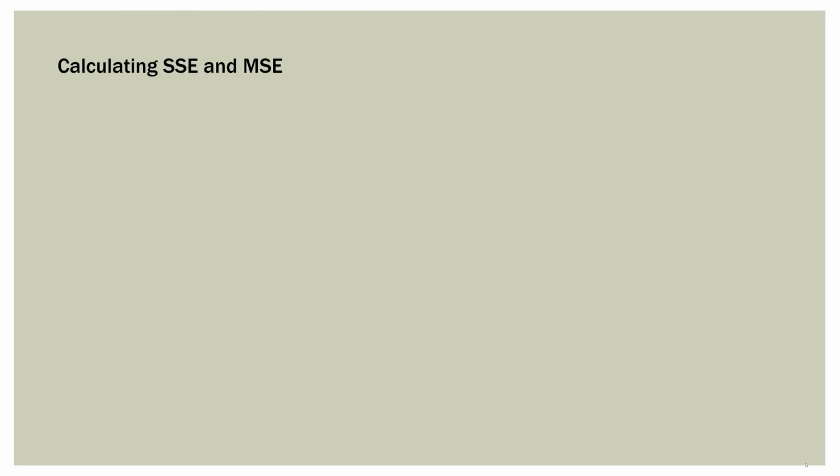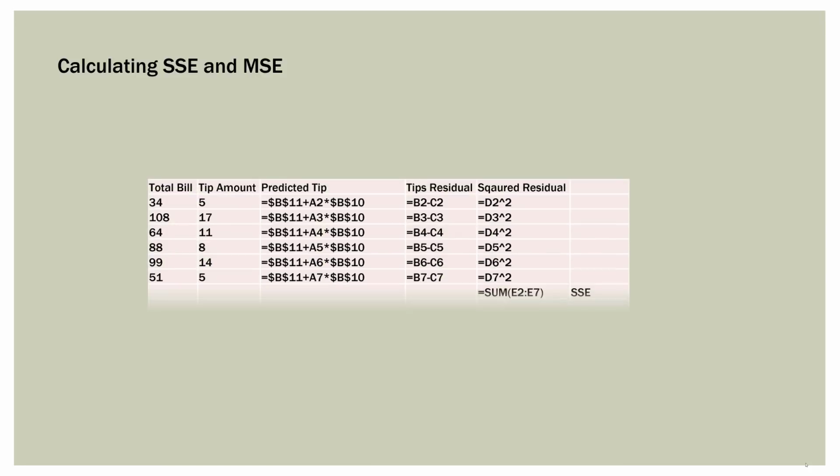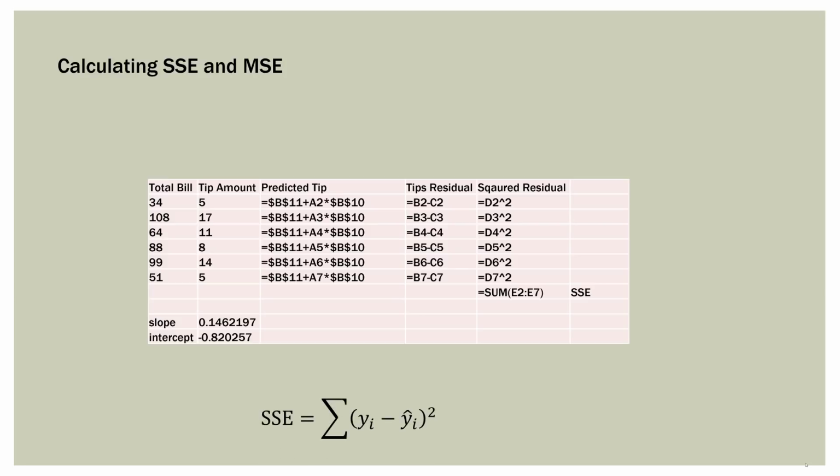If we wanted to, we could calculate that very easily in Excel or something else. So we're going to calculate the SSE by hand using Excel. So here's what we have. Okay, just an Excel sheet with some very simple formulas, so don't freak out. Here's the SSE formula we had before: y sub i minus y hat sub i, the difference between the actual and predicted, squared, summed up.